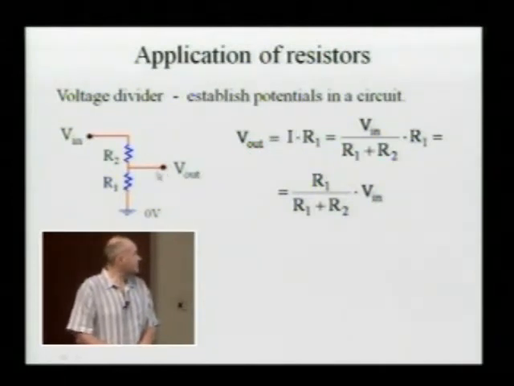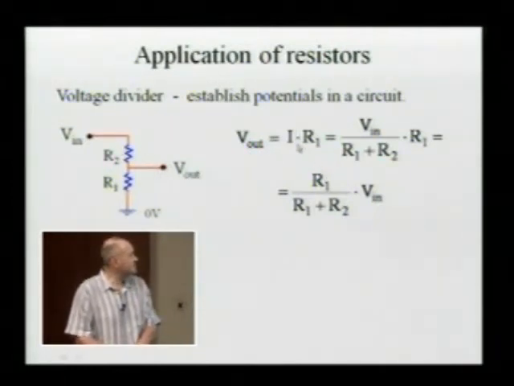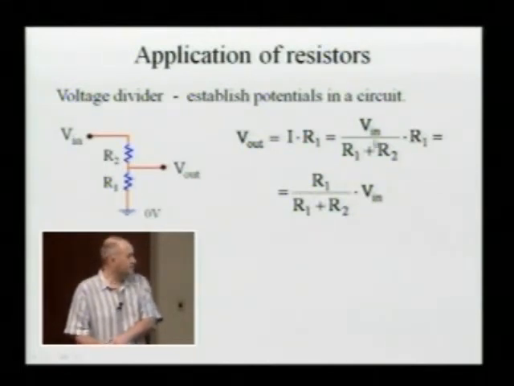Andrew is right that in order to make this step, I assume that the current flowing over here has a zero value, because only then the current flowing in that bottom resistor is related to that input.